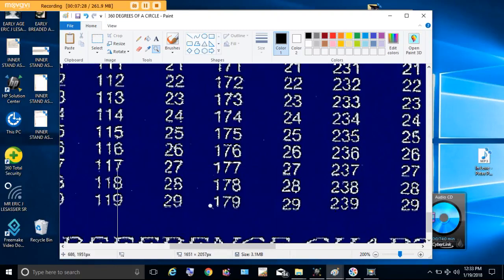So 29 equals 179 on the 360 degree value chart. And that degree has a value of 179 at the 29th degree of Virgo.